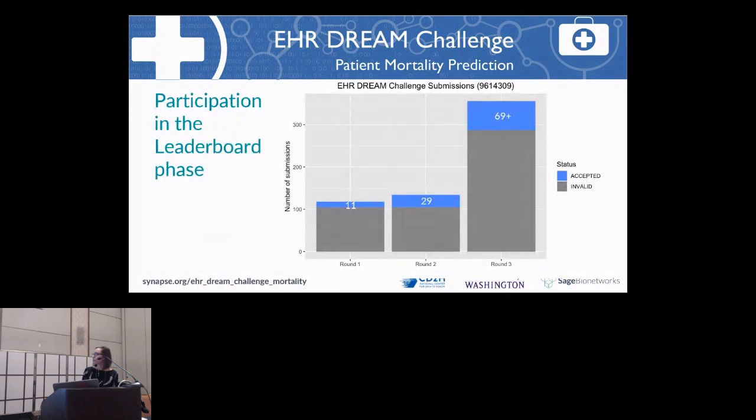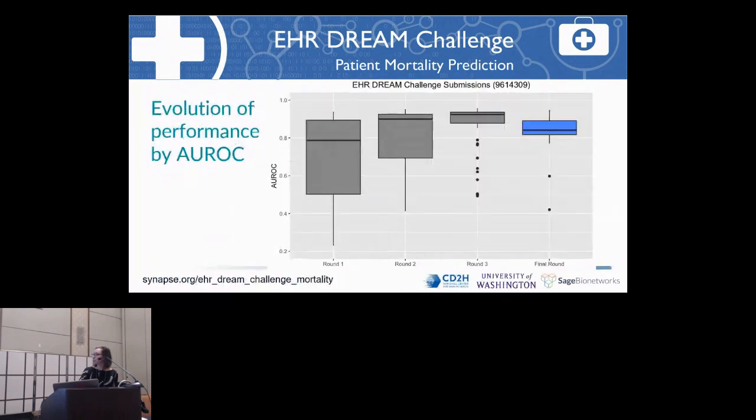The outcome was that we had quite a lot of participation in the different rounds, with 69 models accepted at the end. Here you can see some of the outcomes from the final submissions. It was a really great way to bring more of the DREAM community to using EHR data for DREAM challenges.